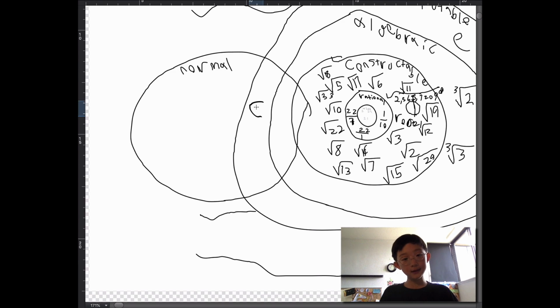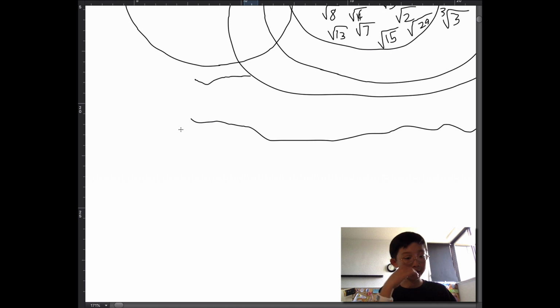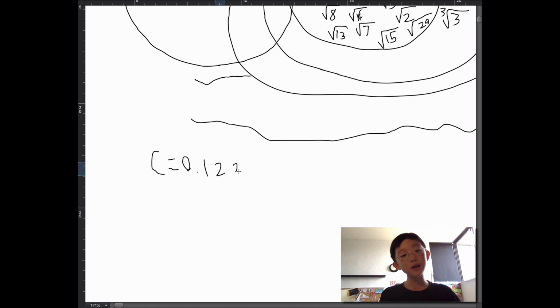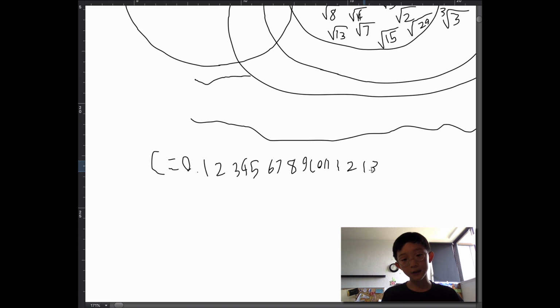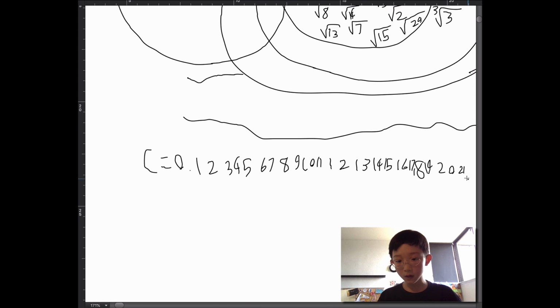So C is a decimal, and I've memorized all the digits. C is equal to 0.123456789101112131415161718192021, and so on, and so forth. So, as you can see, you can find any number in this.